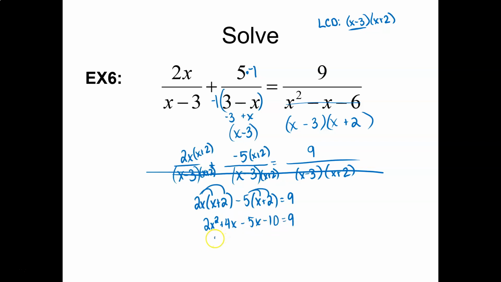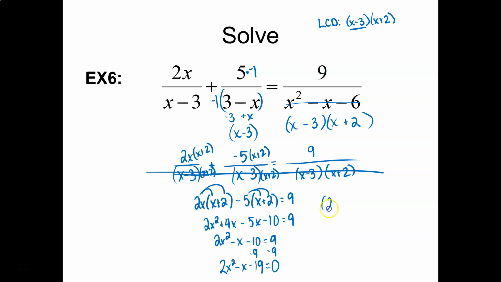And so we're going to get 2x squared minus x minus 10 equals 9. We subtract that 9. 2x squared minus x minus 19 equals 0. So I've got everything to one side like I need to with a quadratic.